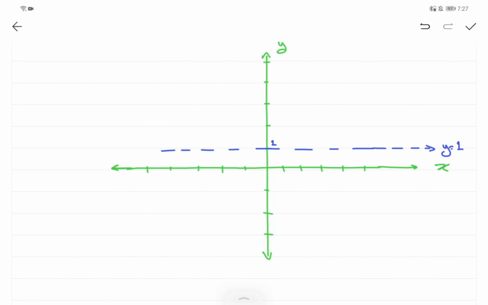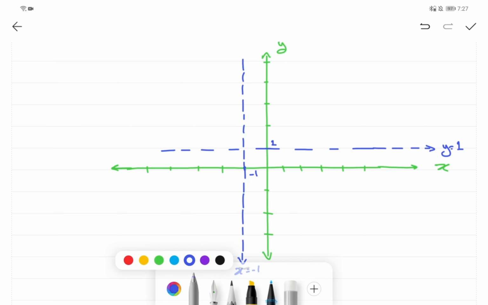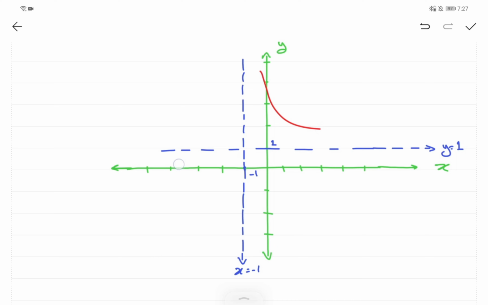So go to the x-axis, this is the point x equals negative 1. Make a vertical asymptote, x equals negative 1. Now we just need to know which side we're going to be graphing, either this one and this one, or this one and this one. So what determines it?